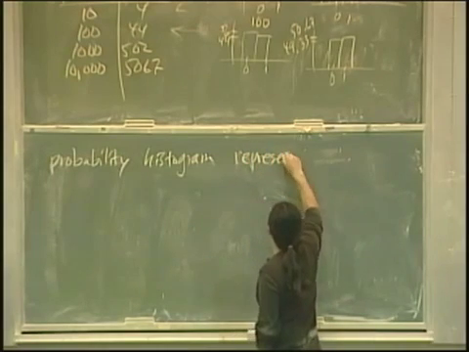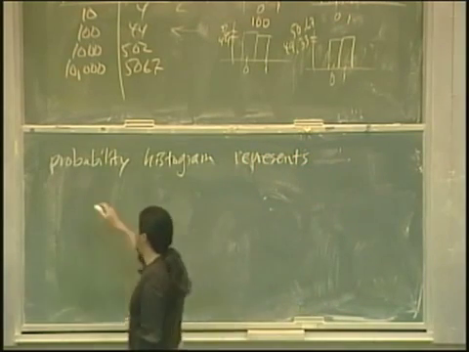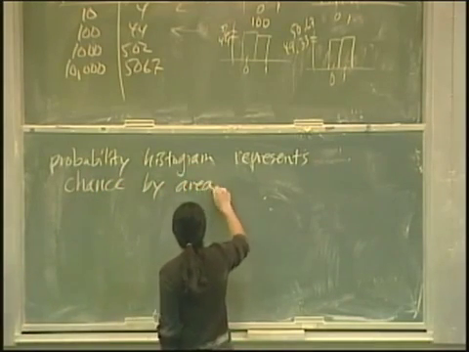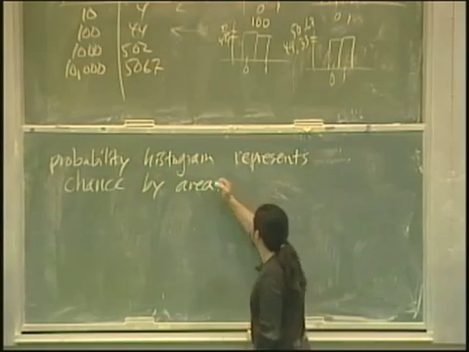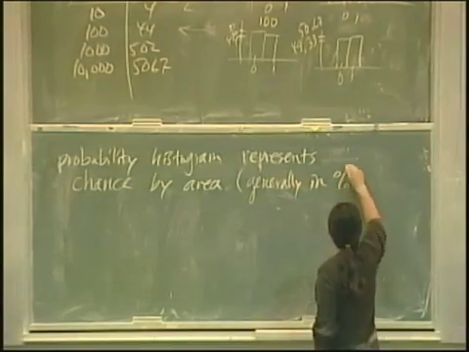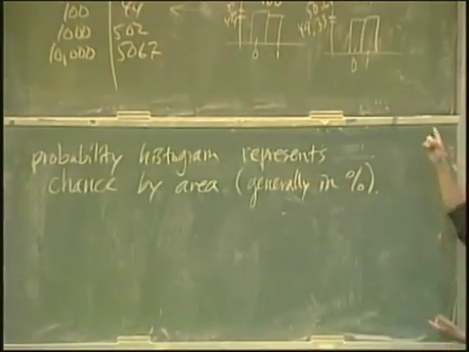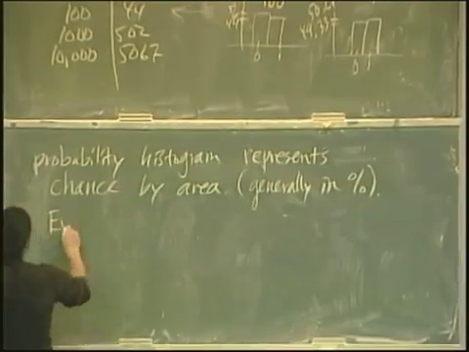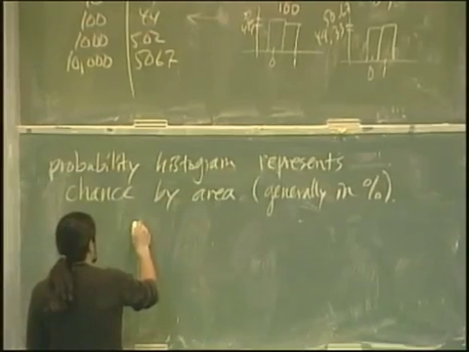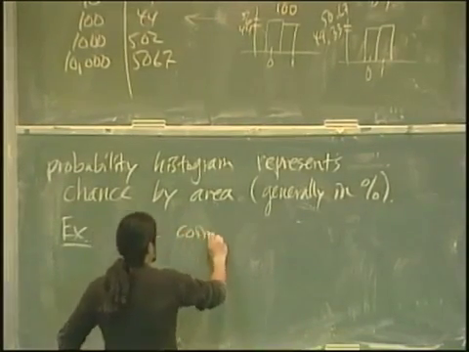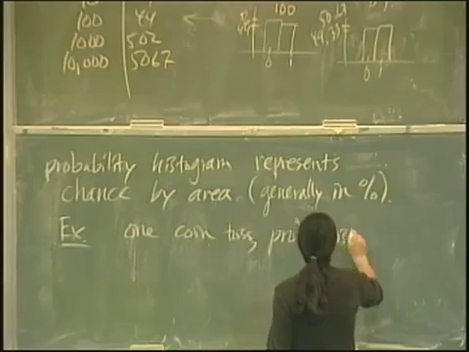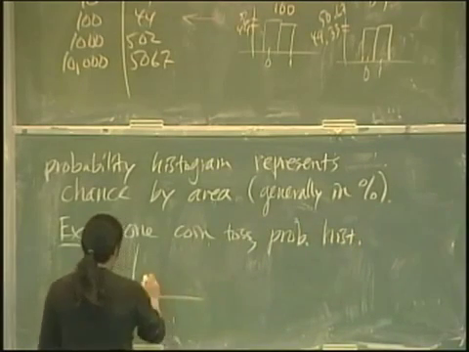So probability histogram represents chance by area. And it's generally done in percentage terms, meaning that just like that thing, if I extend that, if I think about that example, for one coin toss, if I draw a probability histogram for one coin toss, it looks like this.